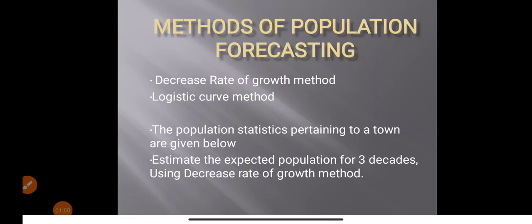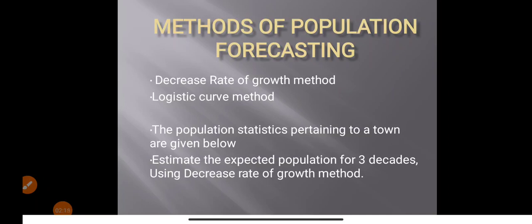So when do we prefer this logistic curve method? Before that, most commonly we take the three factors which are responsible for the changes in population: birth, death and migration.